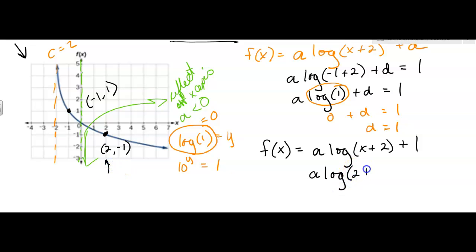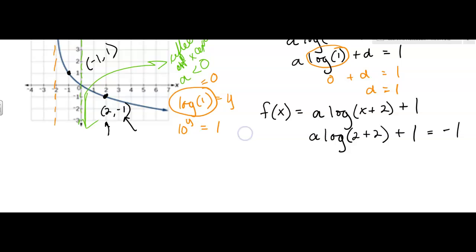So I have 2 plus 2, plus 1. Okay? And all of that equals the output, which is -1. All right. So we're almost done. Subtract the 1 from both sides. 2 plus 2 is 4. Okay, and we get that. So now we can solve for a by dividing by log 4.